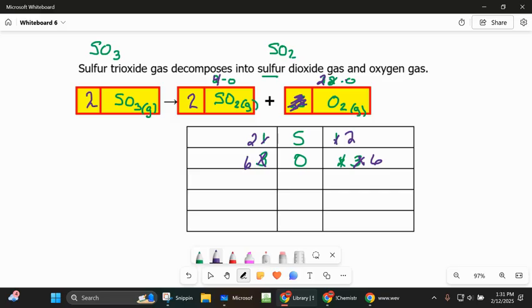Putting the 2 here and the 2 here, that's 5 oxygens. So we still need more over here.